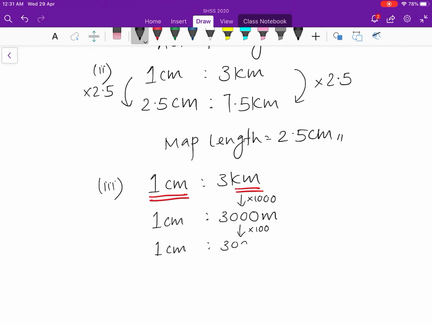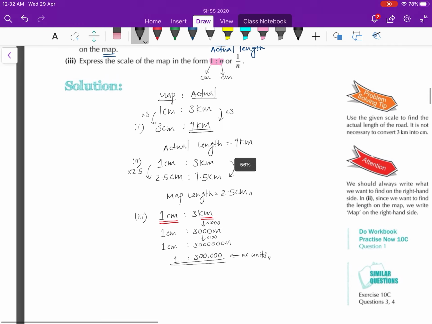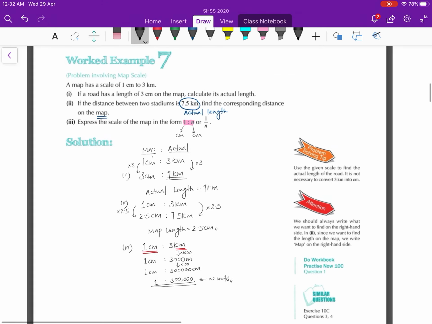So it's 3,000, add 2 more zeros, and you have cm. Now, ratio doesn't need to have any units, so my answer is 1 is to 300,000. This is my final answer. Remember, no units. And that is worked example number 7.